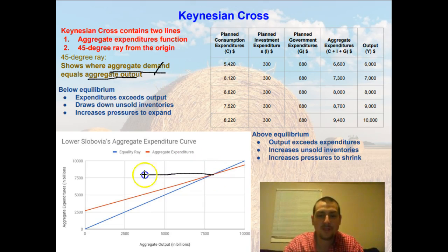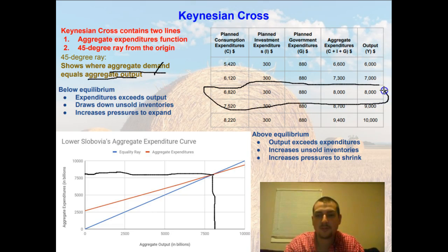And frankly, that's going to be shown right here at 8,000 and 8,000. So graphically, we're seeing that that's occurring at 8,000. And also, if we look at our table, it's occurring at the same point. It's right at 8,000. All this graph is showing us is we are putting in the aggregate expenditures function, and we're showing up with a blue line.